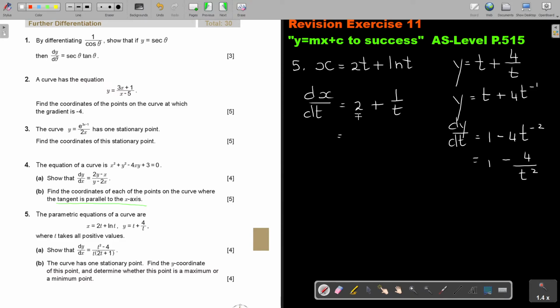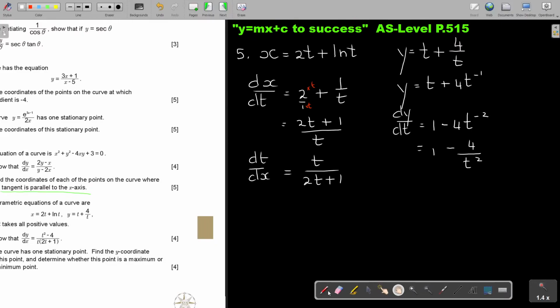Now, how do I make it one term? I basically just multiply by t. So it's going to be 2t plus 1 over t. And if I swap it around, always remember the dx, then it's dt over dx equals t over 2t plus 1.